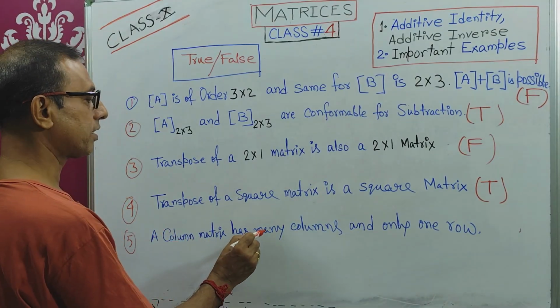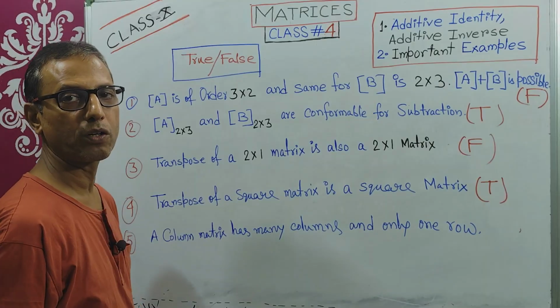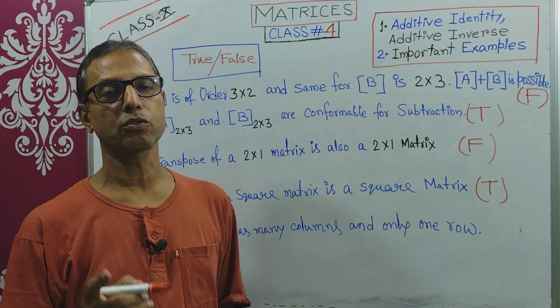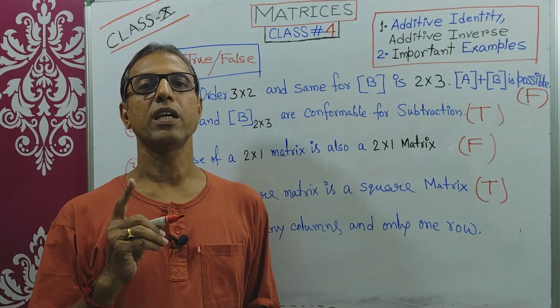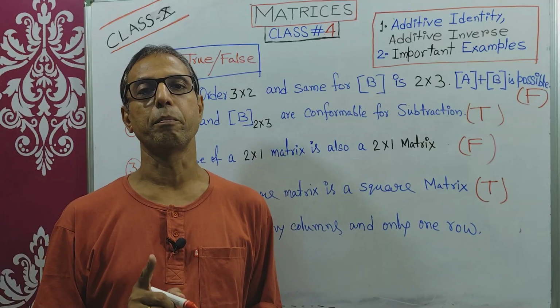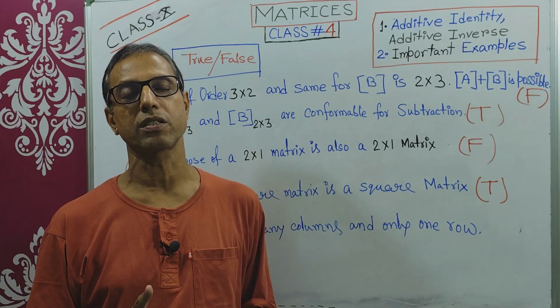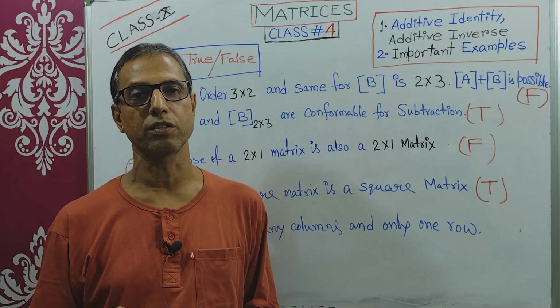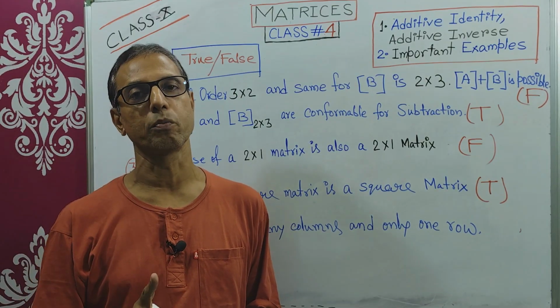A column matrix has many columns and only one row. I explained the types of matrix in my first class. What is a row matrix? Row matrix means if in a matrix you have just one row, it doesn't matter how many columns there are. It may have 2 columns, 3 columns, 4 columns, whatever, but one row, that is called a row matrix.